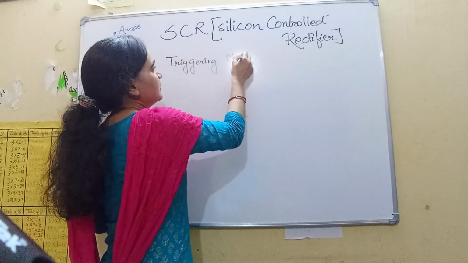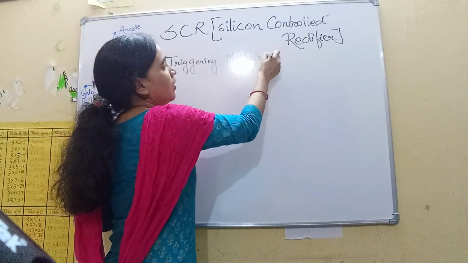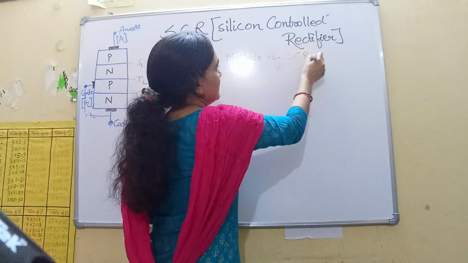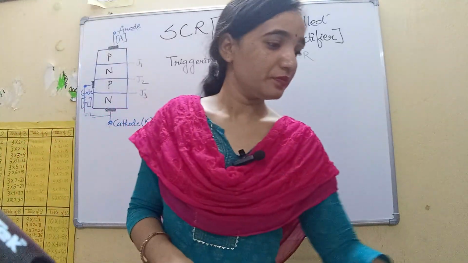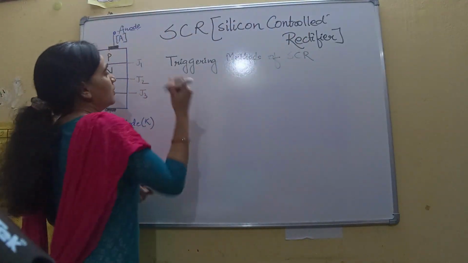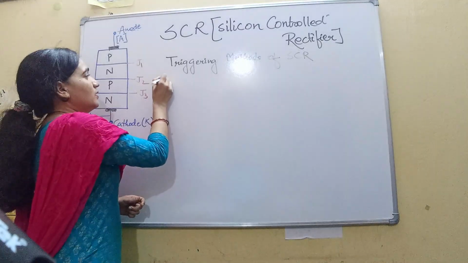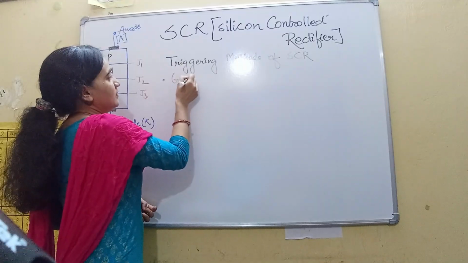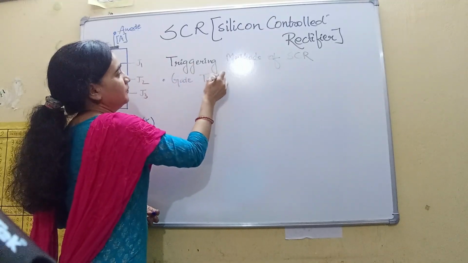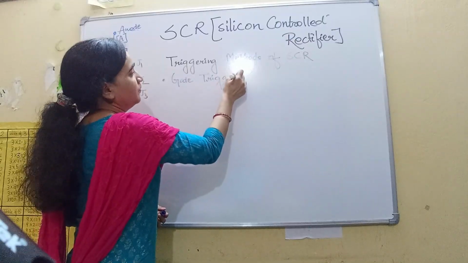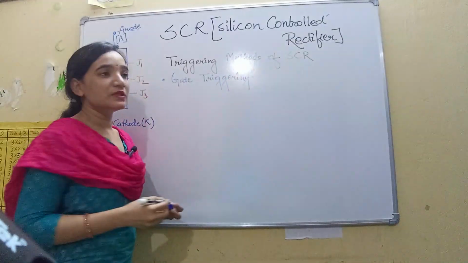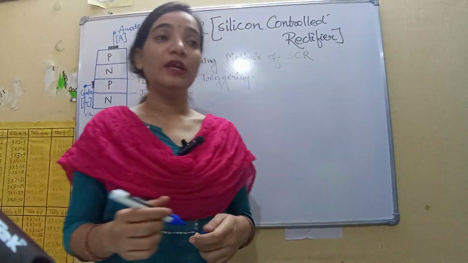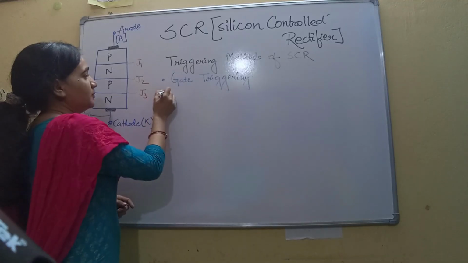The first one that we read was gate triggering method. What was happening in gate triggering method? We were providing the positive pulse to the gate. That is called gate triggering method.